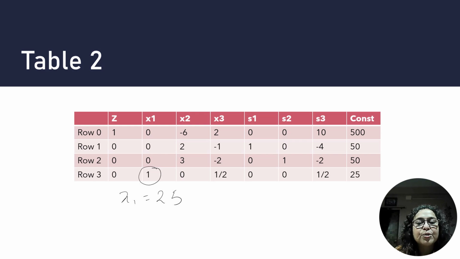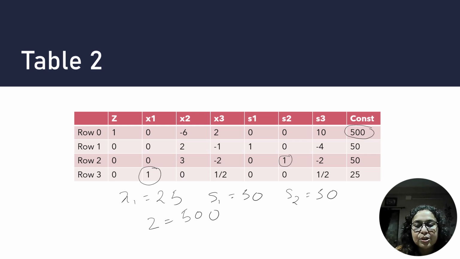So x1 is equal to 25. We have s1 is equal to 50. This is pertaining to s2, so we have s2 is equal to 50. And we can see here what is this z. So we have z is equal to 500.